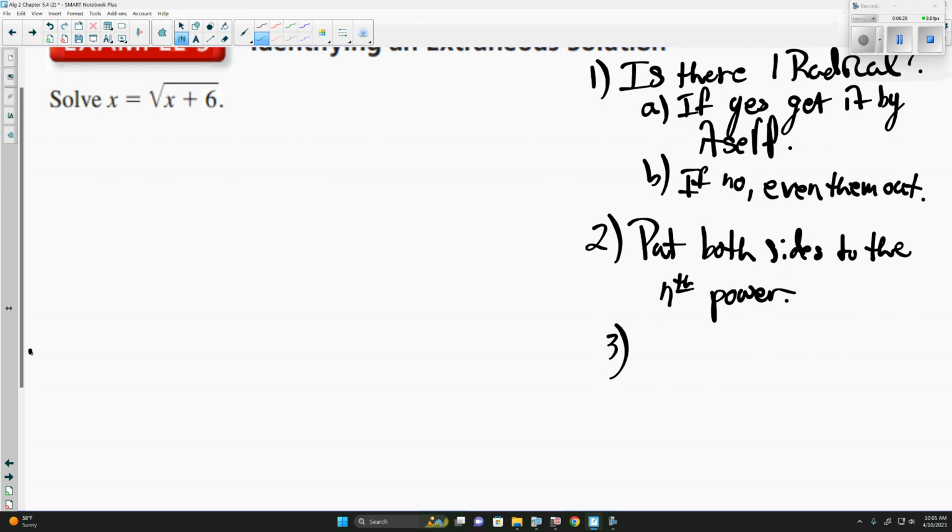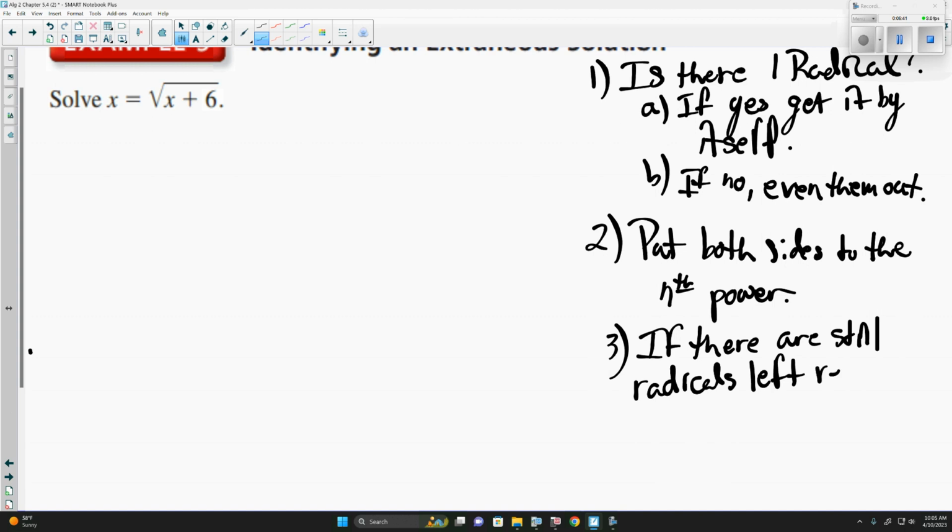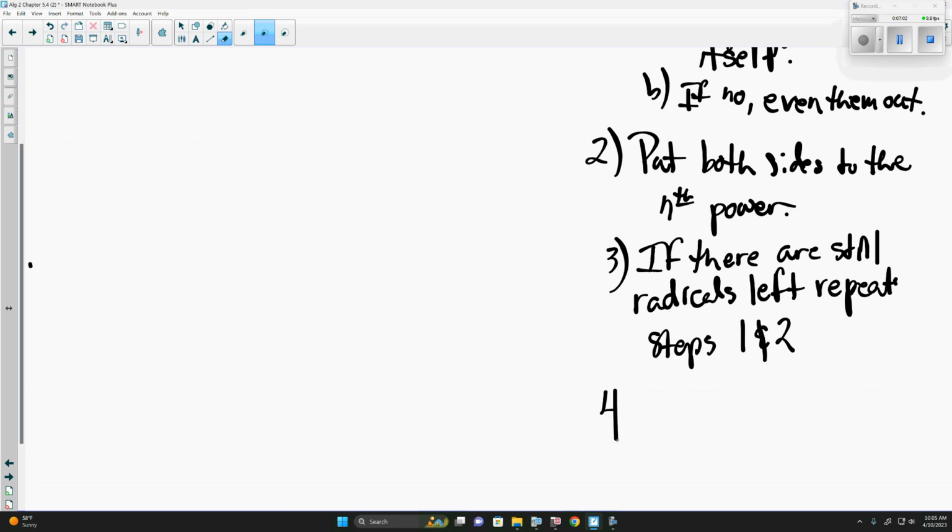Step 3. If there are still radicals left, repeat steps 1 and 2. And the last step is to solve.